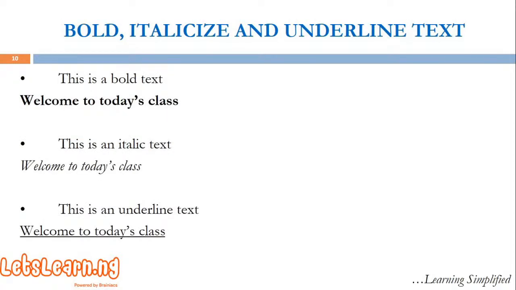In this aspect, we'll be discussing bolding, italicizing, and underlining text. On this screen, you can see this first text is darker, which means this text is a bold text. The second text, which is welcome to today's class, is slanted.